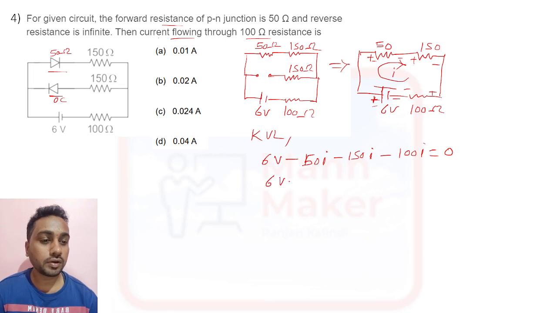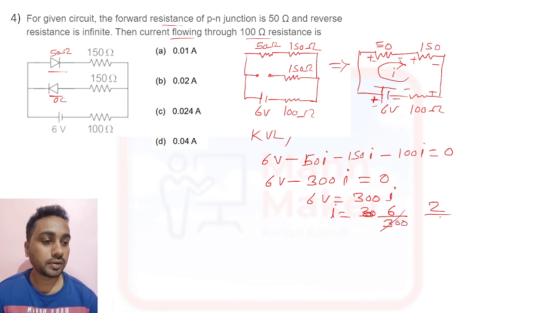So 6 volt minus 50, 100, 150, that is around 300I equal to 0. And 6 volt equal to 300I, and I equal to 6 by 300. That is 2 by 100, and we can write this one 0.02 ampere. Option B is the right answer.